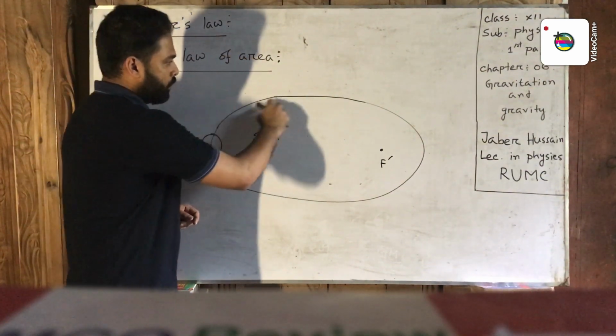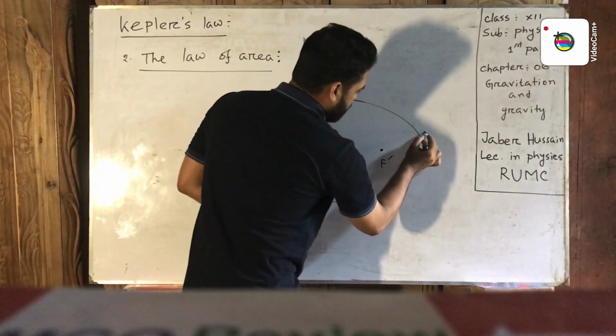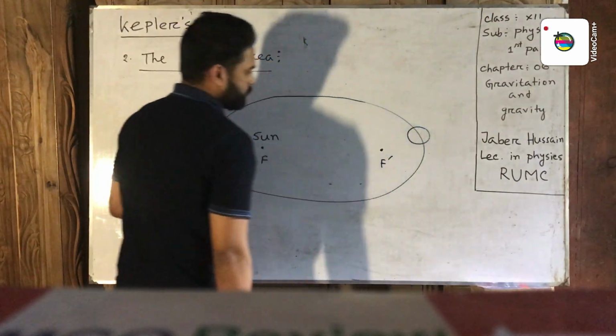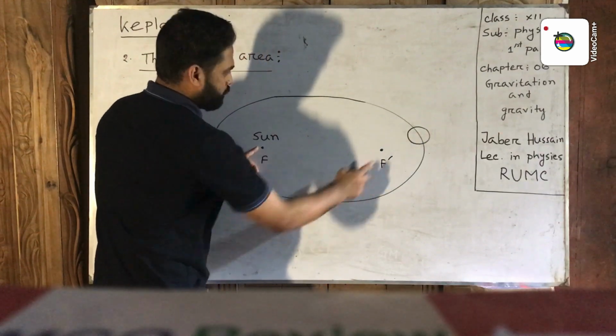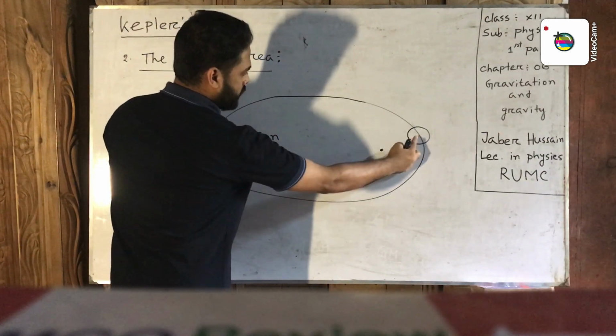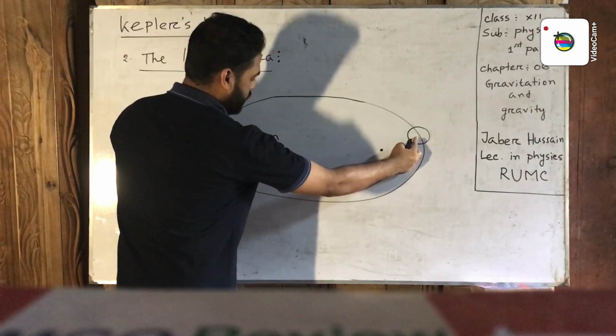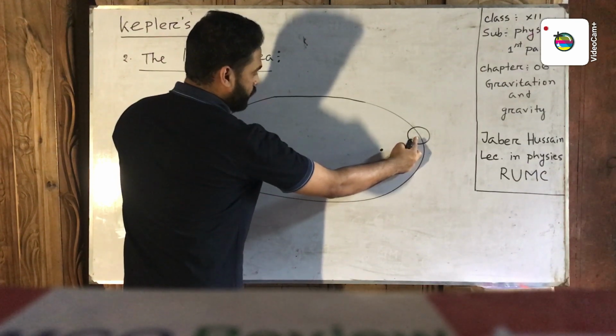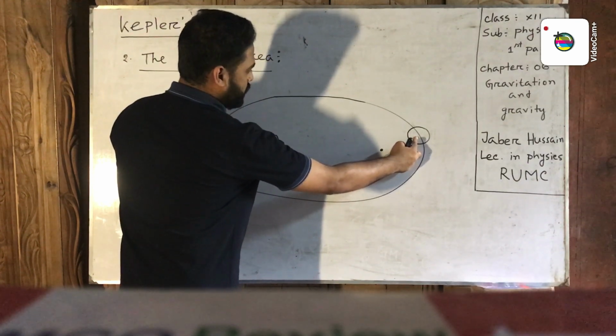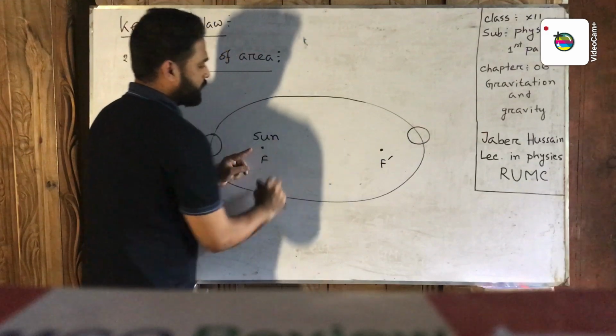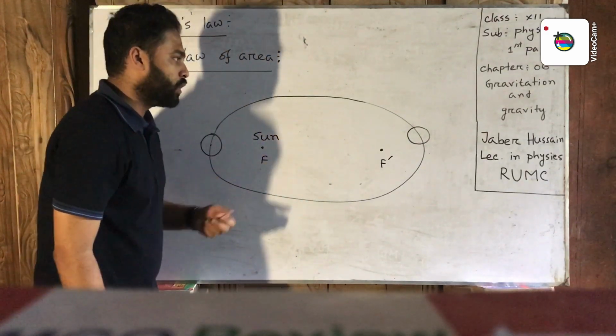When the planet moves and reaches this region, the distance between planet and sun is greater. For this reason, the gravitational attraction force on the planet by the sun is smaller.